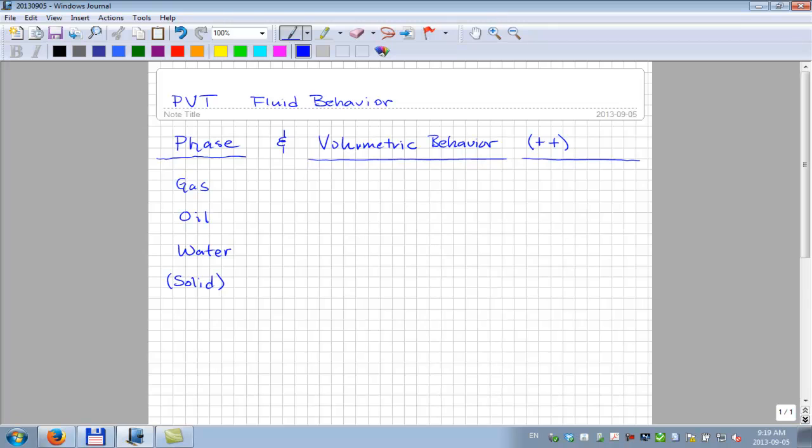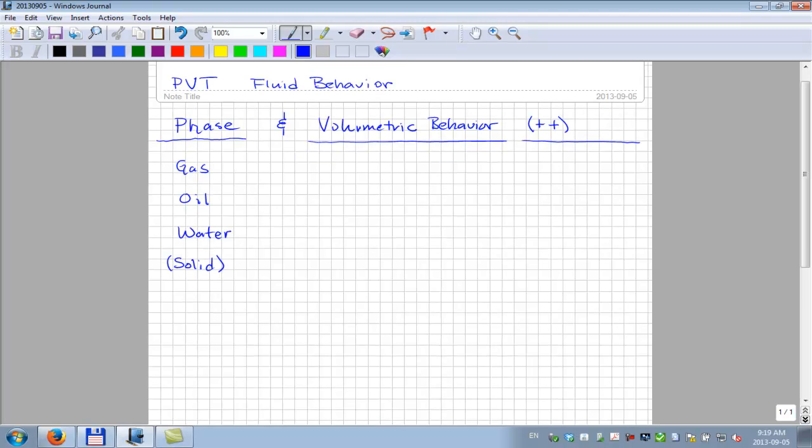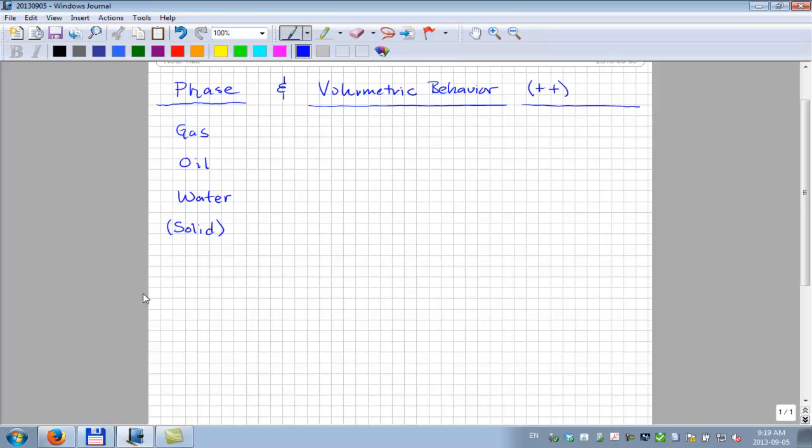So now, when one talks about phase behavior, it's typically referring to the thermodynamics. So this is a word that you guys have had, thermodynamics.